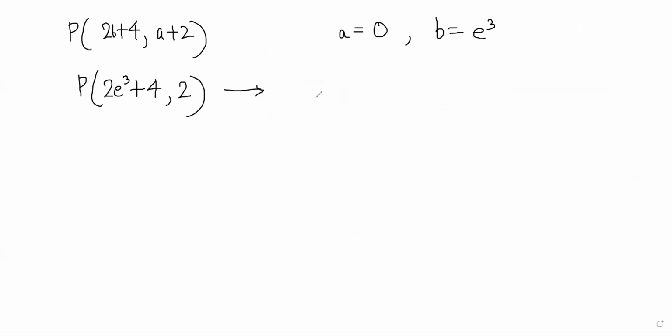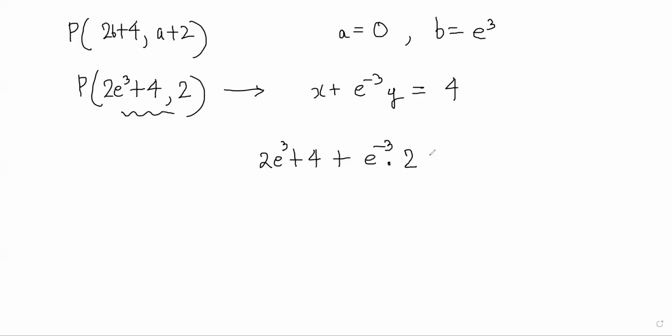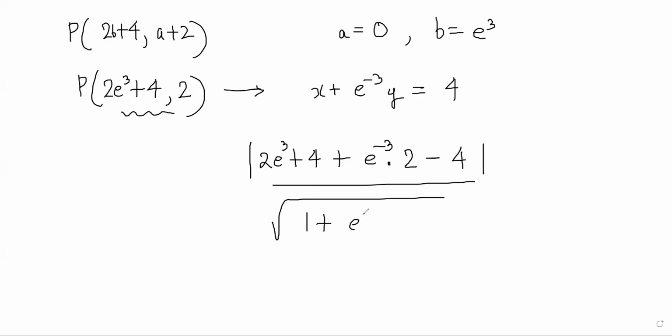And the distance from this point to the line, whose equation was given as x plus e power minus 3y equals 4, right? So for the distance formula, you will just put the point in the line equation. You will get modulus of 2 e power 3 plus 4 plus e power minus 3 into 2 minus 4, divided by root over 1 plus e power minus 6, right?